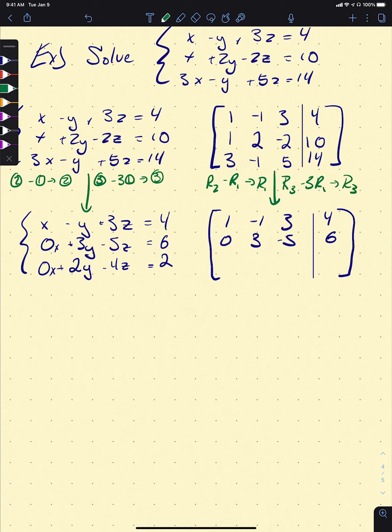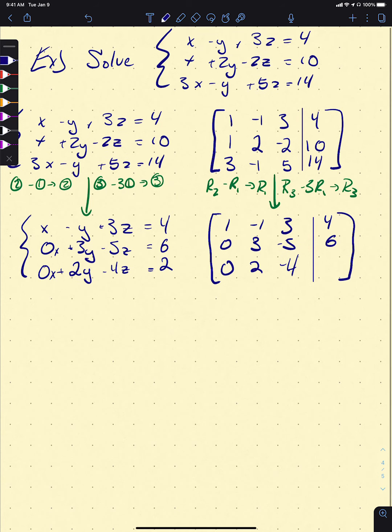When we do that, we take 3 minus 3 is 0. We're going to have -1 minus 3 times -1, so plus 3. Then we're going to end up with a 2. And then we're going to have 5 minus 3 times 3, so 5 minus 9 is -4. And for our last one, 14 minus 12 gives us 2.